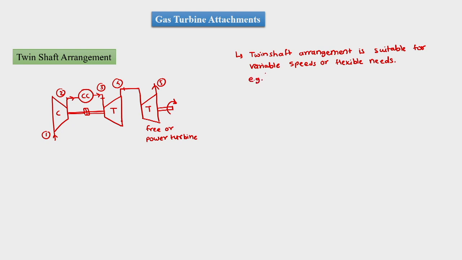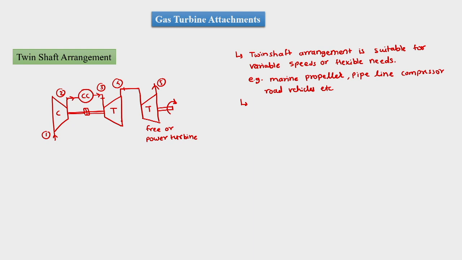Examples of such arrangements are marine propeller, pipeline compressor, then road vehicles, etc. Here we are thinking of the gas turbine also as a prime mover.